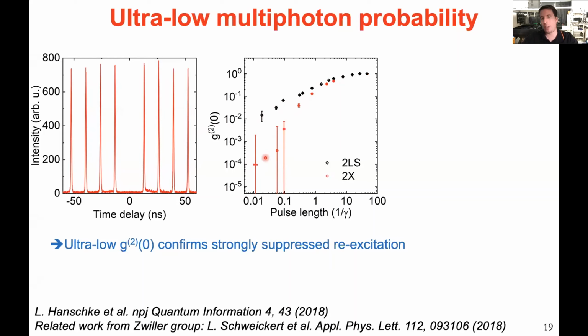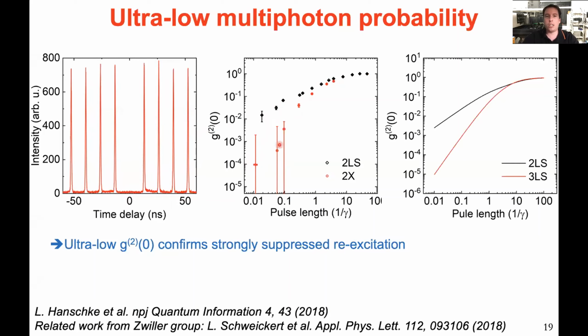This is very well confirmed in simulations, where it's also seen that because of the cascaded emission, we now have a quadratic dependence of G20 on the pulse length rather than the linear dependence that we observe for a resonantly driven 2-level system. Of course, you can also see here that for these very low values, our data points have quite large error bars, and these naturally occur when you take the statistics of your background from the APDs into account.